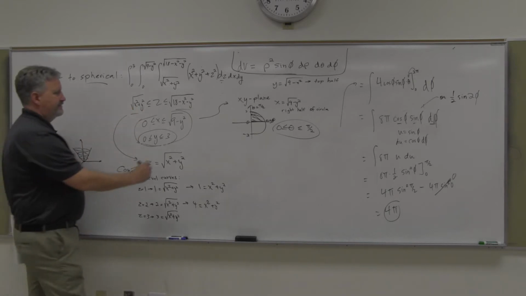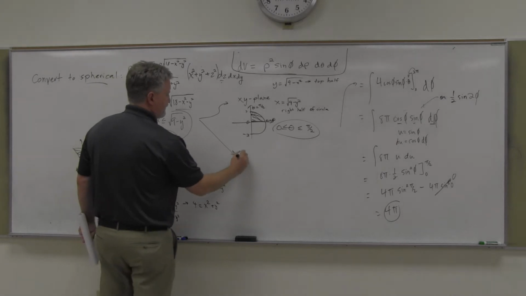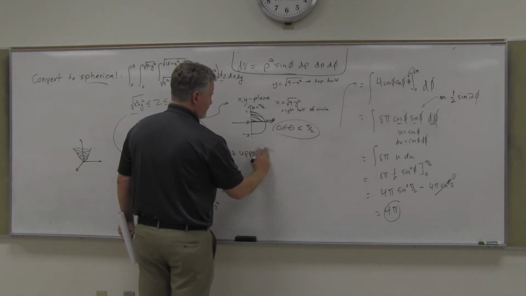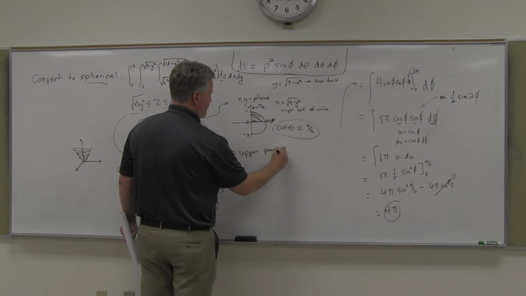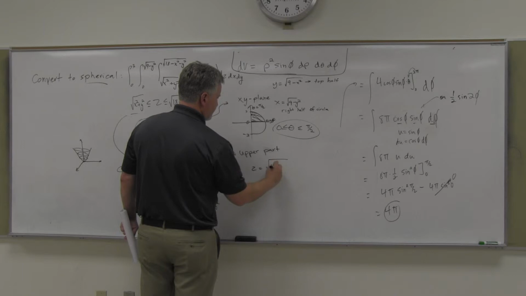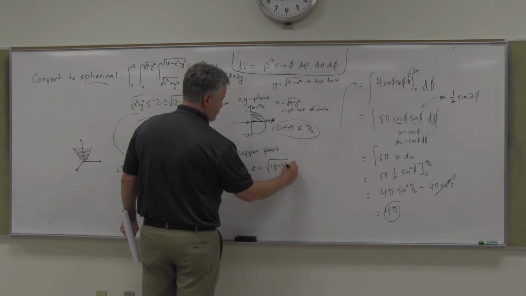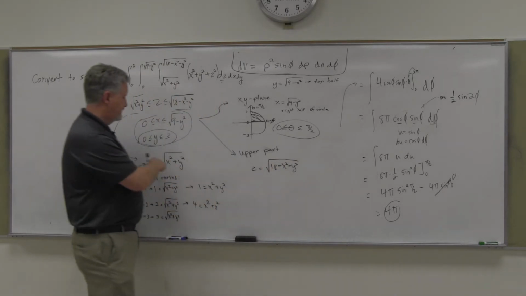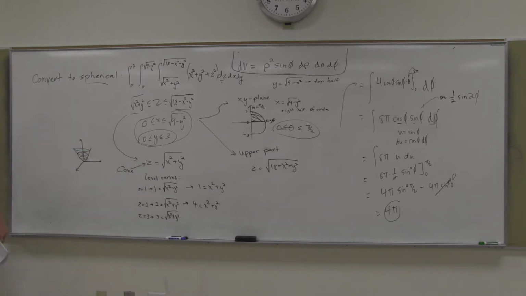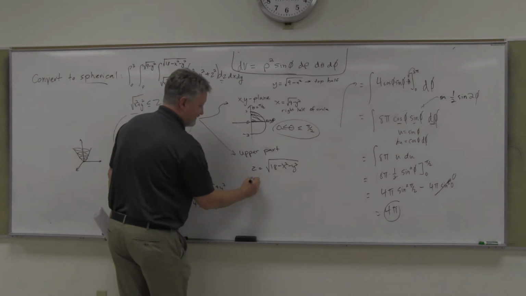The upper part of the z's, you got z equals the square root of 18 minus x squared minus y squared. Well, that's obviously different than a cone. This one actually is better if we look at squaring both sides.